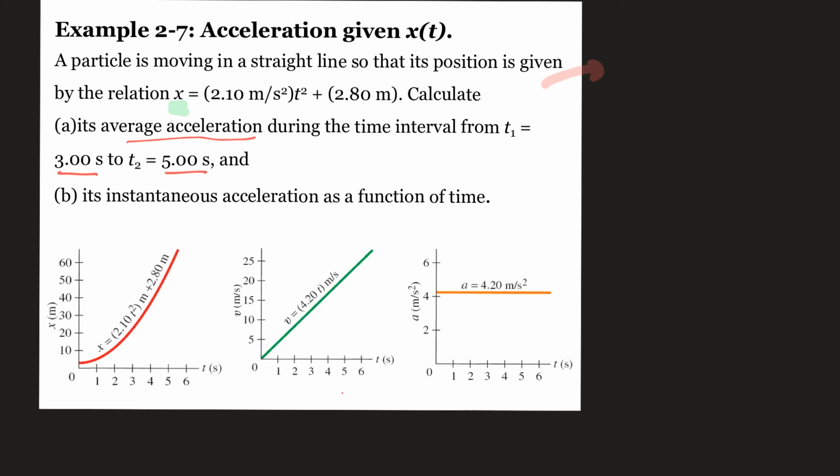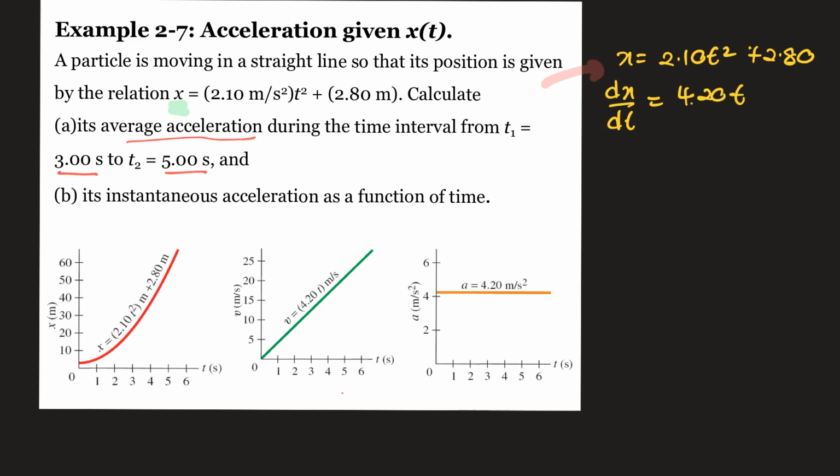So this is the original, 2.10 t square plus 2.80. Differentiate one time to find the velocity, and you are going to get 4.20 t.